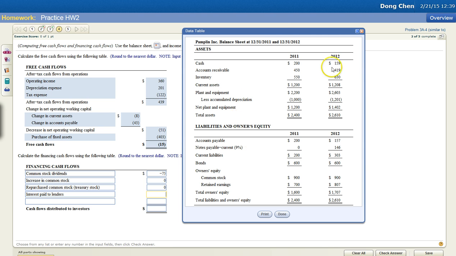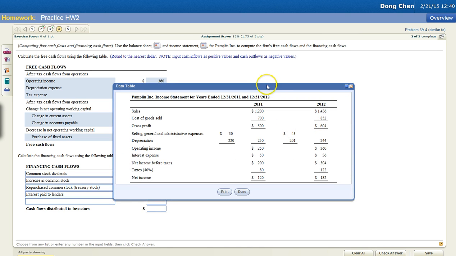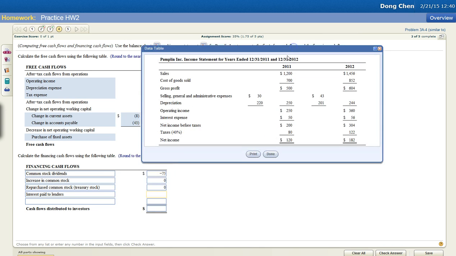So interest paid, we need to find that number from the income statement. From the income statement, interest expense is 56. So again, from the firm's perspective, that's a negative cash flow.